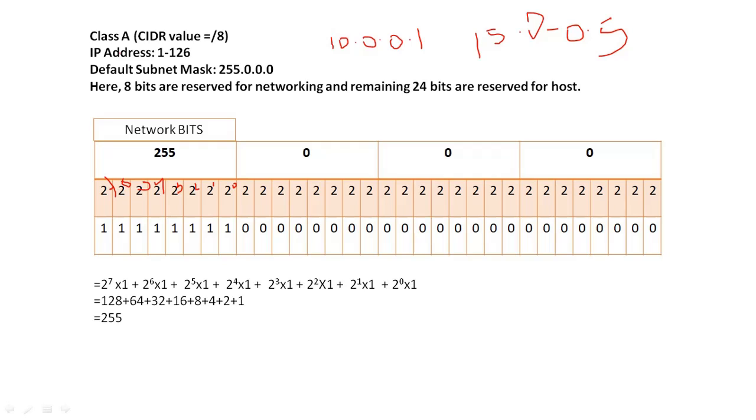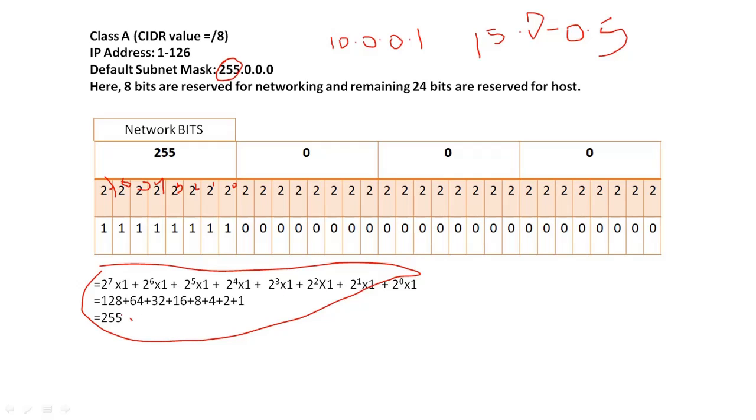So the default subnet mask for a Class A network is 255.0.0.0. If the subnet mask is 255, then you can see the calculation over here. It's because we have calculated all these values: 2 to the power 7 into 1 plus 2 to the power 6 into 1 plus 2 to the power 5, and so on.